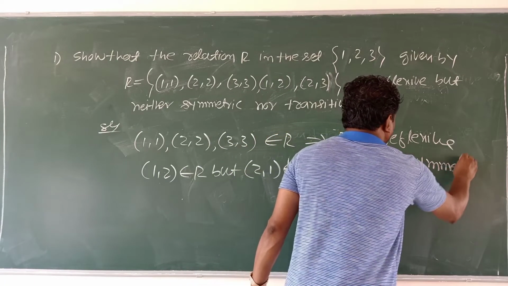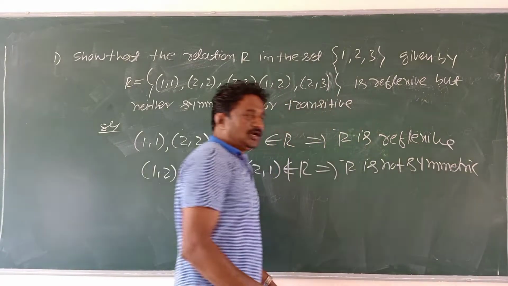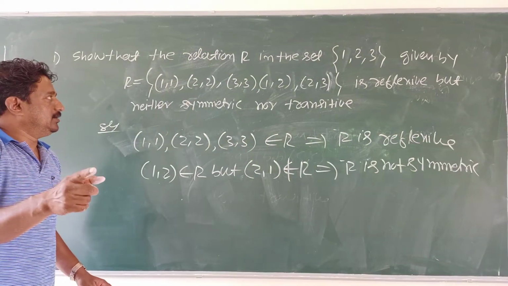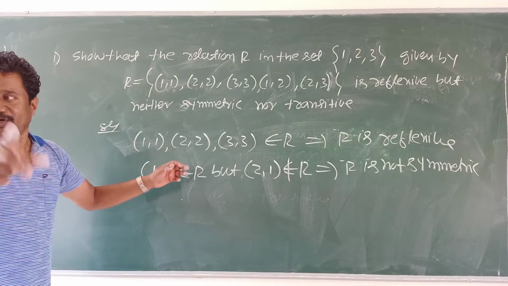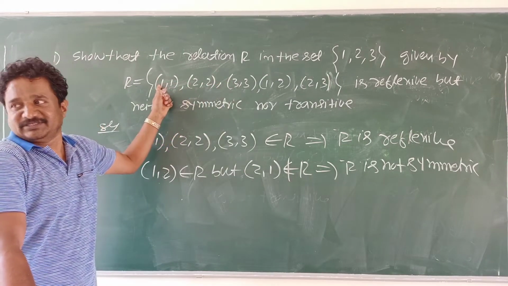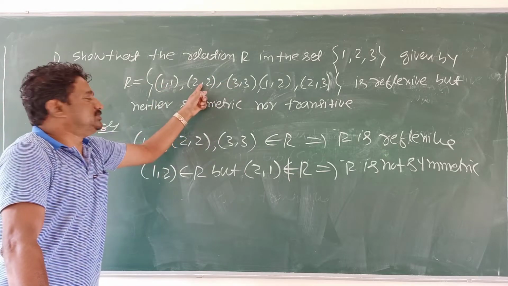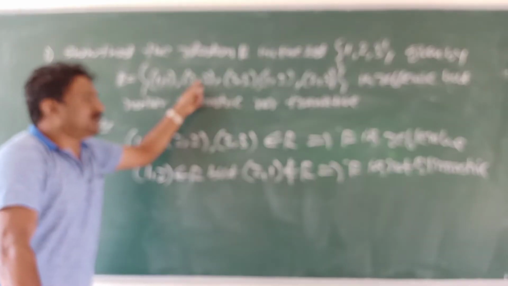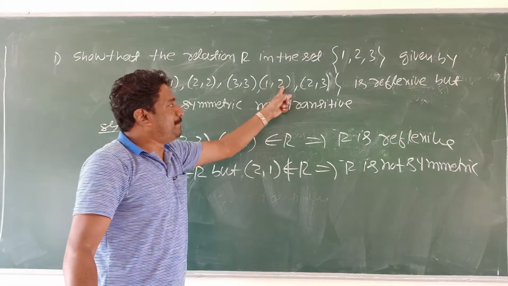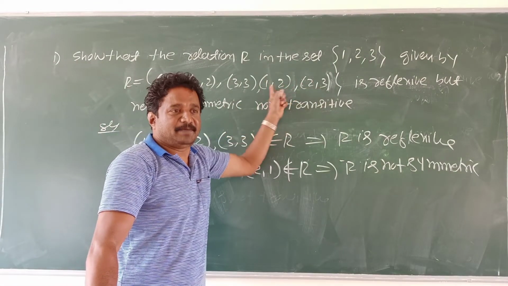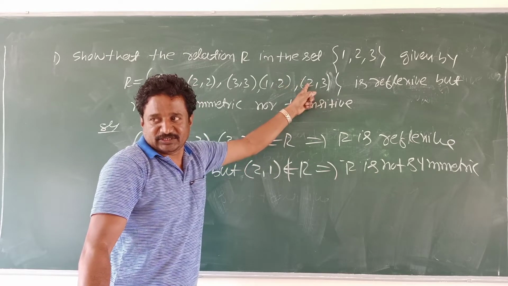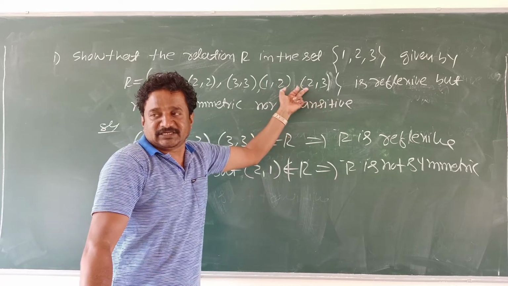R is not symmetric. Is R transitive? Let us check. I told in the beginning, to check transitive, again don't consider these three. These three elements should be used to check only the reflexive relation. Come to transitive: AB, BC. B should match. Does it contain AC?